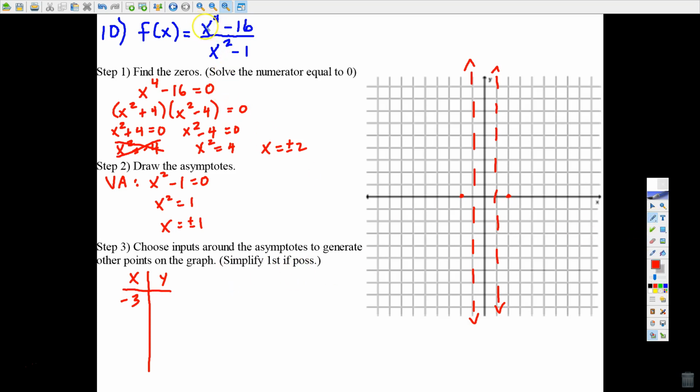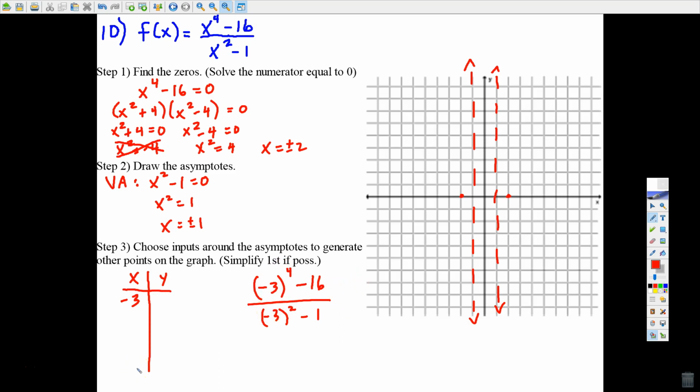But I'm going to show inputs into the given function. So negative 3 to the 4th minus 16 over negative 3 squared minus 1. Okay, so that's 81. Negative 3 to the 4th is 81 minus 16.